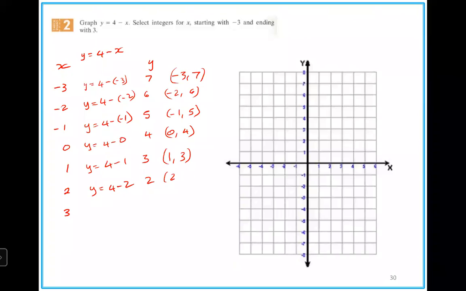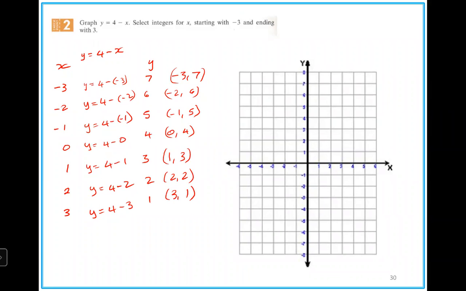So that would be 2, 2. y equal to 4 minus 3, y is equal to 1. So that would be 3, 1. Okay, so we have now created some points to plot.